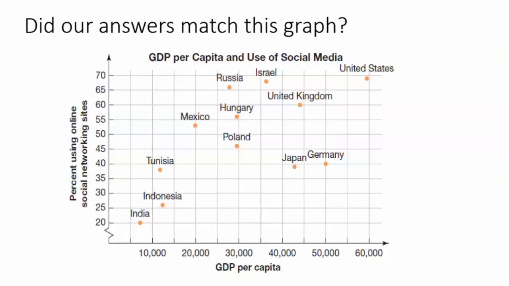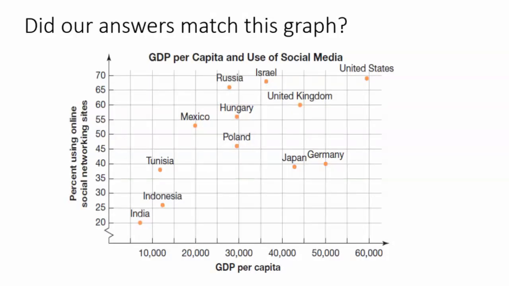That's what we said on the last slide. And we went by 5,000 when we did the vertical. Now, I preferred 0 to 70, but then here they went from 20 to 70.